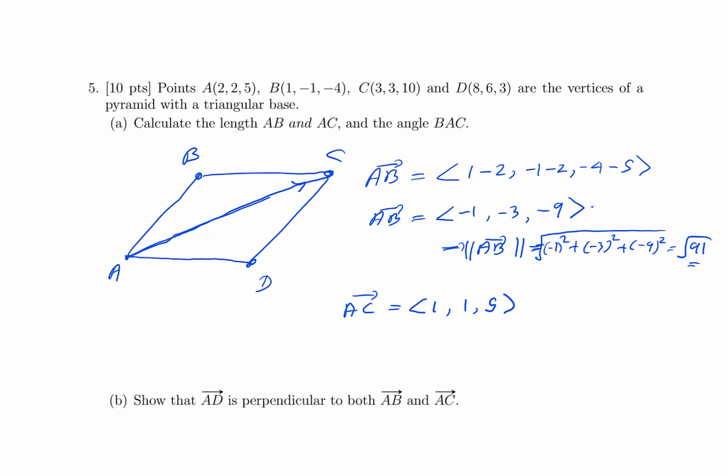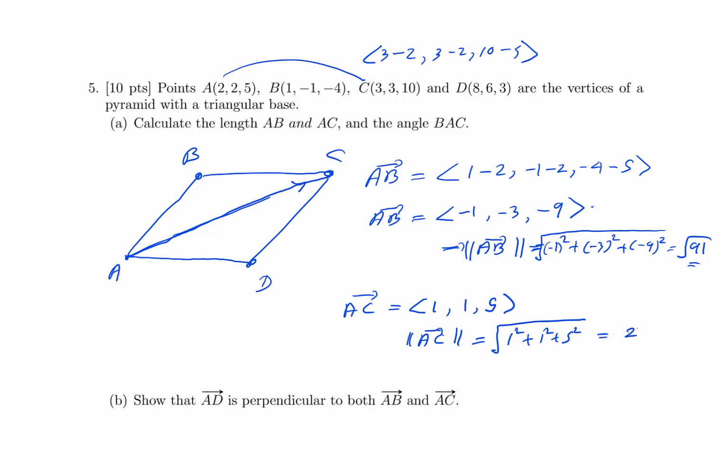So this is 1, 1, 5. Then we need the magnitude of AC, that is the AC length. So that is square root of 27, that means 3 root 3. So that is the length of AC.